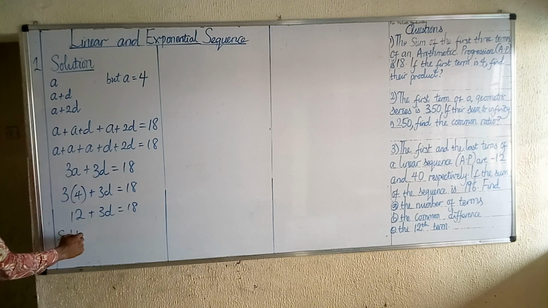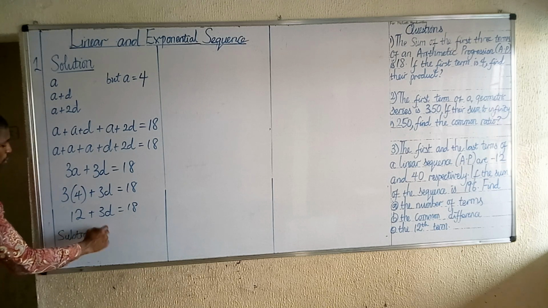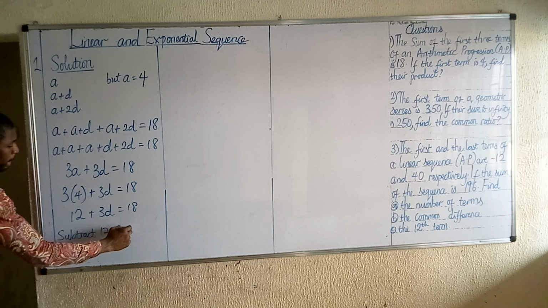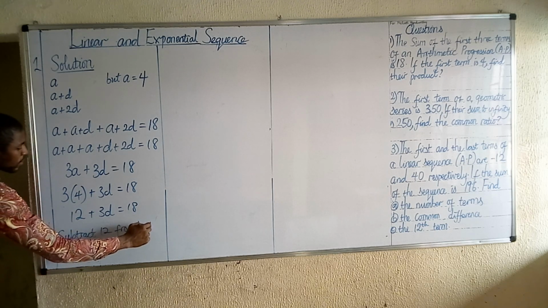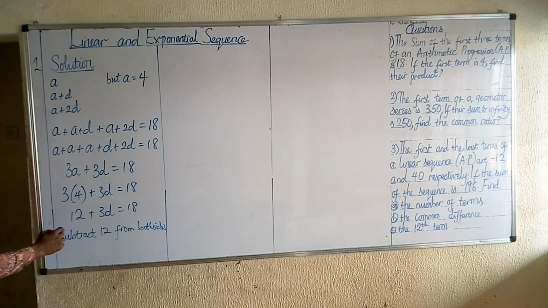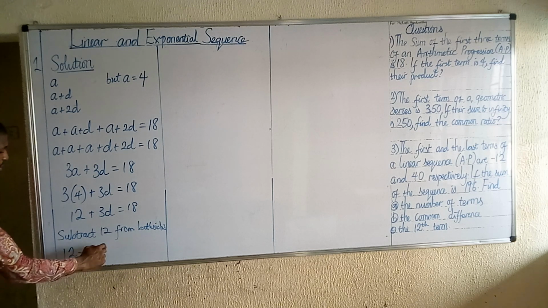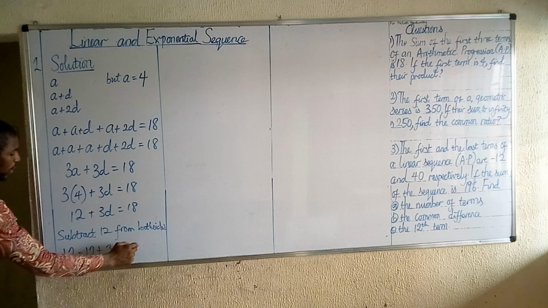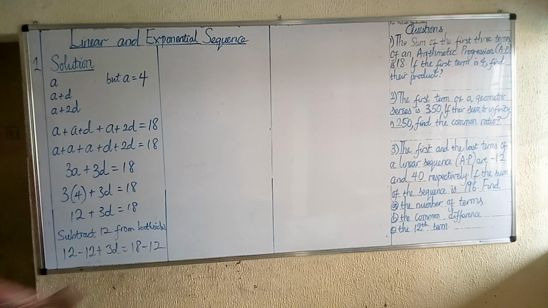Subtract 12 from both sides. Let's see what that becomes. If we subtract 12 from both sides, this will be 12 minus 12 plus 3D equal to 18 minus 12.